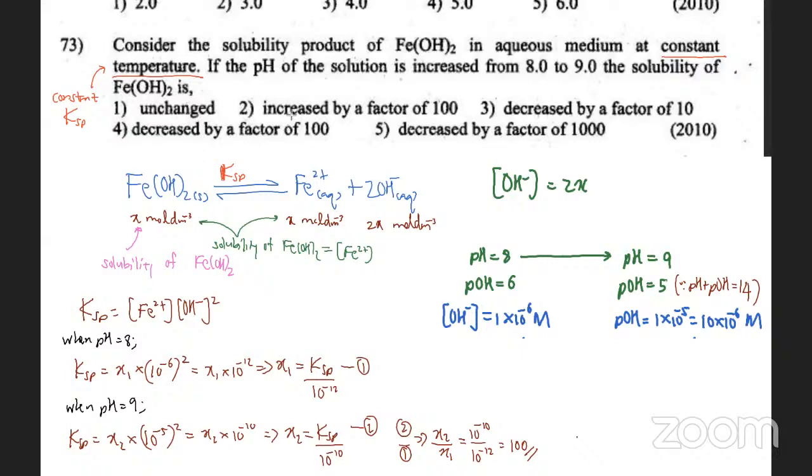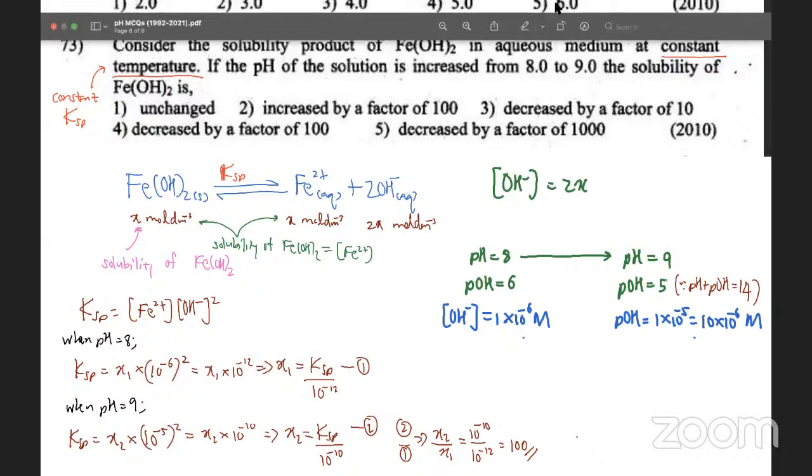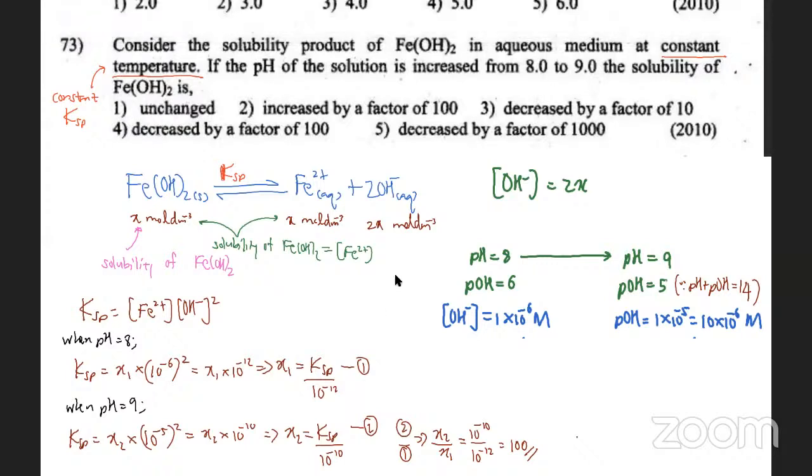Anyone has this original scheme? Please check that, will you, for 2010. I don't know whether the people who made the paper are also confused about this. This is how you have to do it.